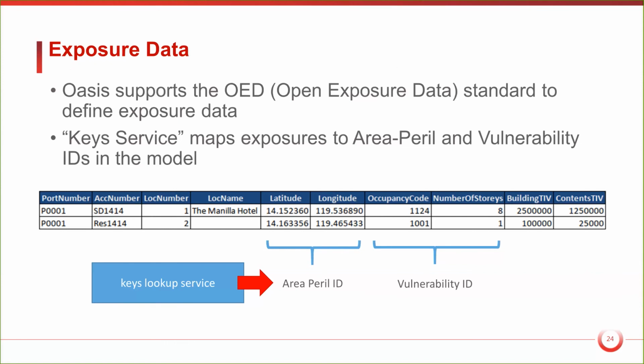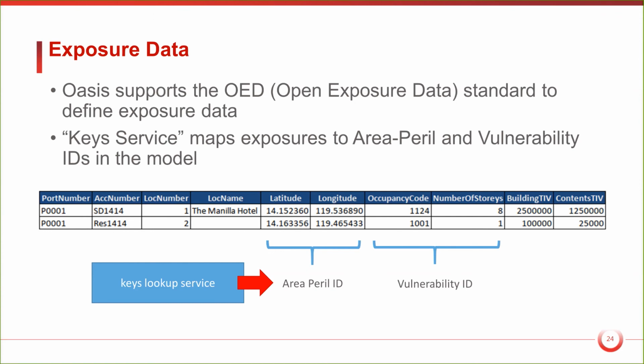So we can take our human readable exposure data and map it into a model specific representation of that data, which is using the area peril and the vulnerability IDs to see how we plug those bits of information together.